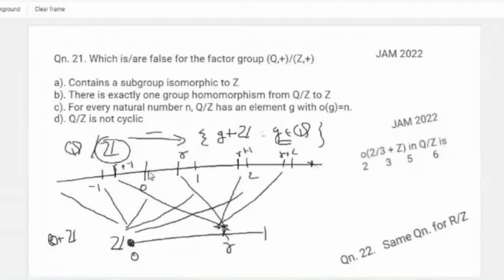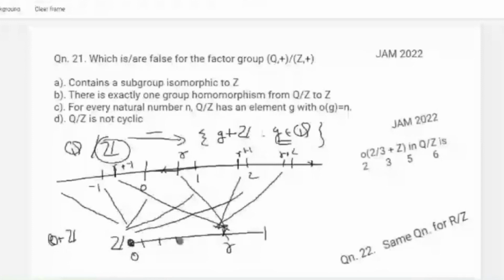So in this factor group, you have elements corresponding to all rational numbers between 0 and 1. But 1 is identified as 0, because 1 and 0 belong to the same coset. So 1 plus Z is the same as 0 plus Z. So 0 is included here.